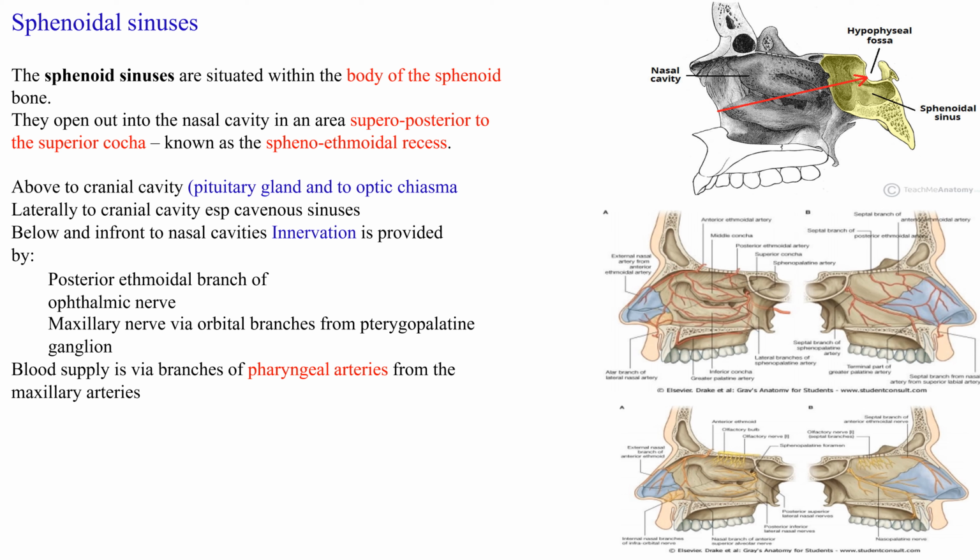The sphenoid sinus is the most posterior sinus, nearby the hypophyseal fossa or pituitary fossa, as we said. This is very important for the surgeon. If there is any tumor, they go through these passages, the arrow, to remove the pituitary gland from here.